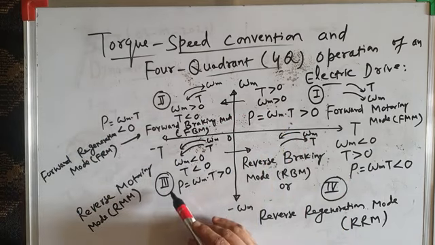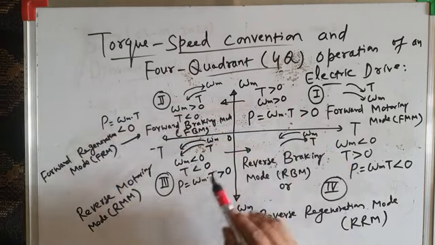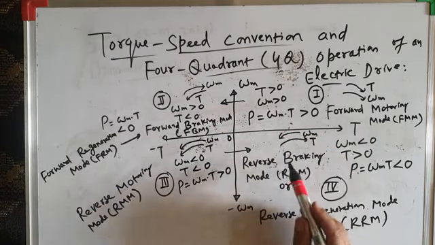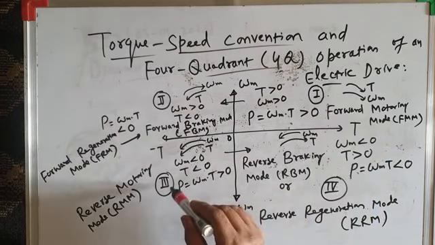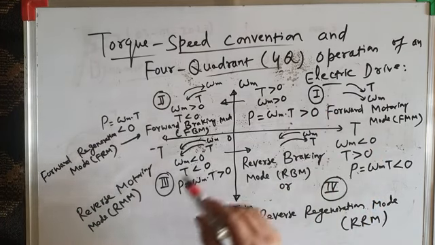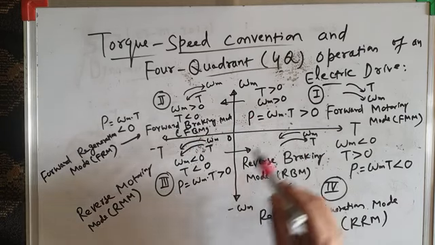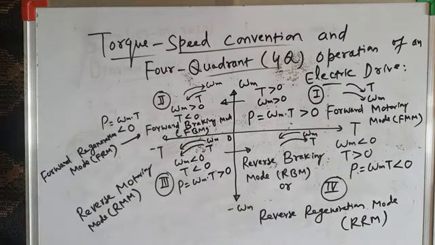Similarly, while going from reverse motoring mode to forward motoring mode, we can go via reverse regeneration mode. In other words, we can go from quadrant 1 to quadrant 3 via quadrant 2. Similarly, we can go from quadrant 3 to quadrant 1 via quadrant 4.